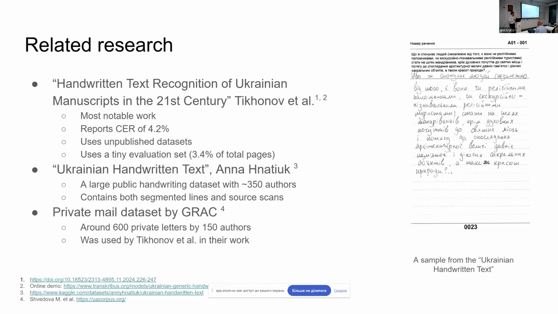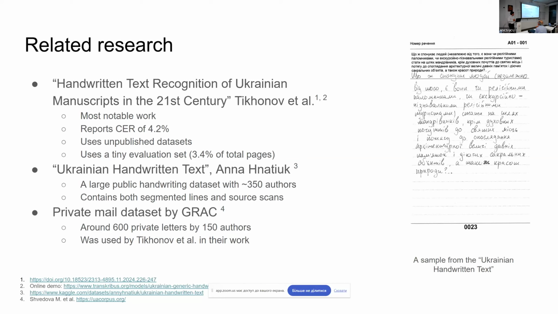It is hosted on the Transkribus platform. It works well, but you can't evaluate it without paying for the third-party API. And why I would want to test this model is because it reports a very tiny evaluation set, only 3% of total pages, which can hide signs of overfitting.